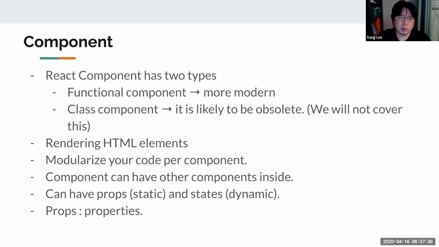And component is the main way that you can make this React project reusable, because you can just grab the component and use it somewhere else and so forth. So it's going to modularize your code per component, and components can have other components inside, and components can have props and states. Props is basically shorthand for properties.